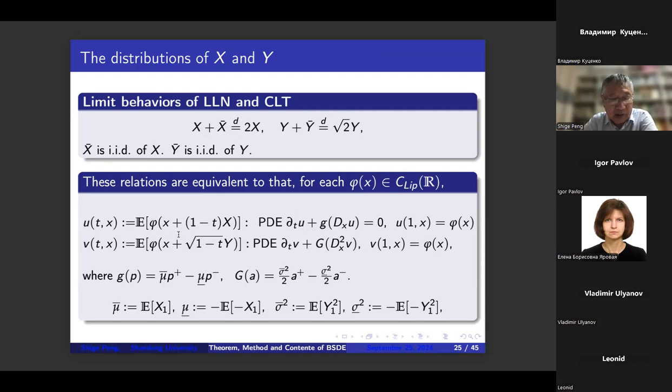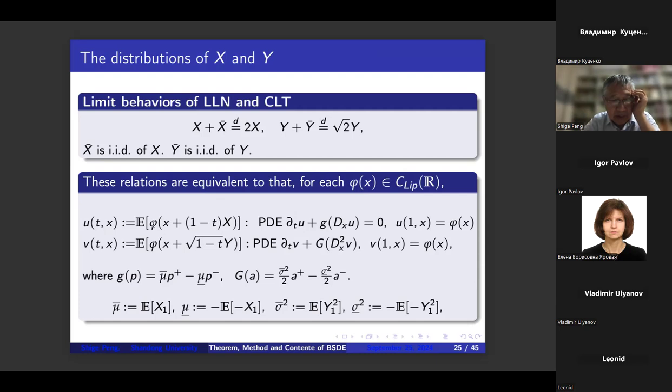Once we have this, we just need to put x equal to 0, t equal to 1, then t equal to 0, x equal to 1.